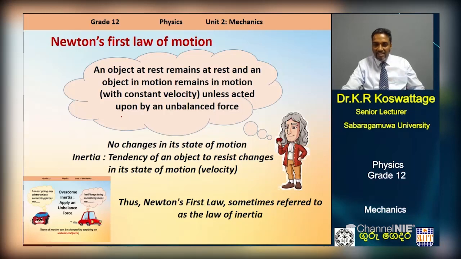This is a little bit hard to understand, because in general we cannot see an object moving with constant velocity all the time, because there are several forces acting that resist the motion, and then we cannot find this kind of motion.